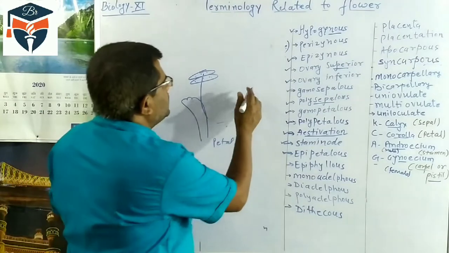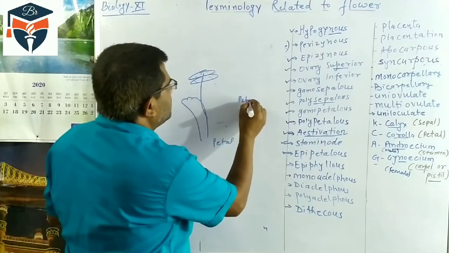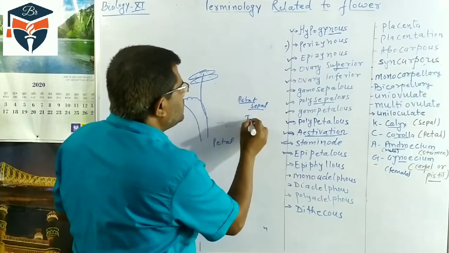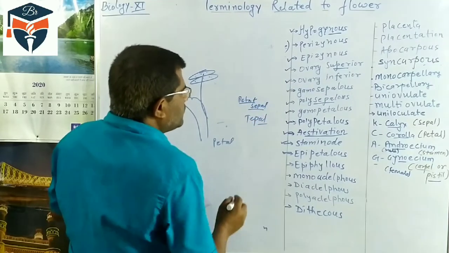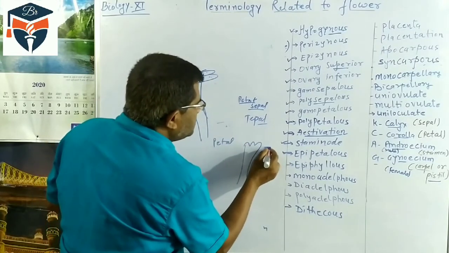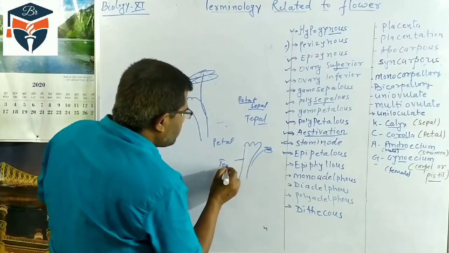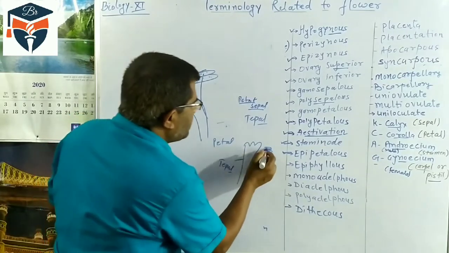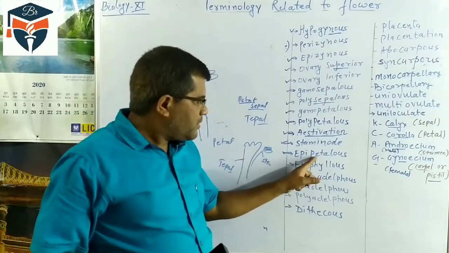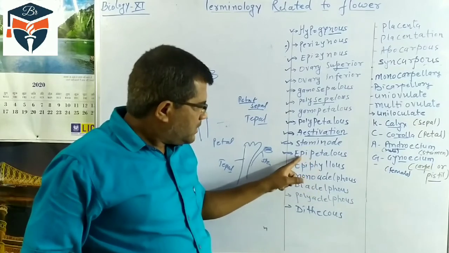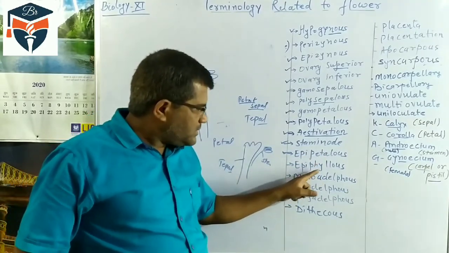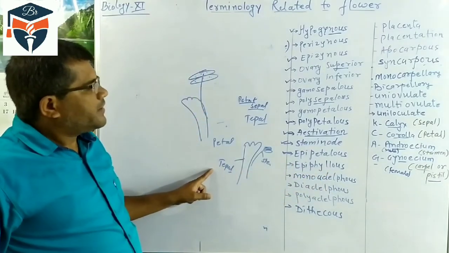Epiphyllous: as I told you, when the petal and sepal are not distinguished, not separated, this part is called the tepal. So if the stamen is attached with the tepal, it is called epiphyllous. Epipetalous: stamens attached with the petal. Epiphyllous: stamens attached with the tepal.